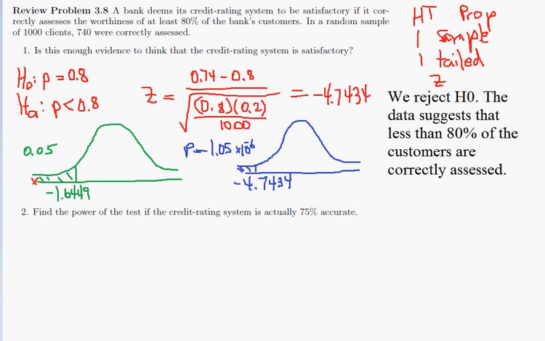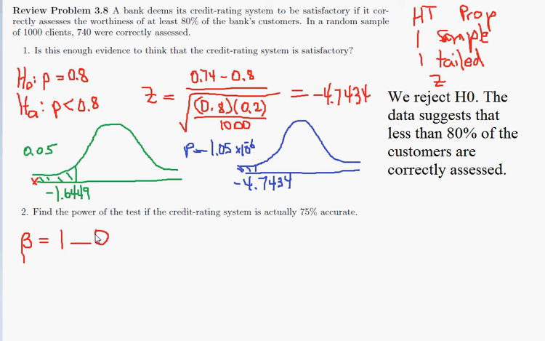For the second part of the problem, we were asked to find the power of the test if the credit rating system is actually 75% effective. So for this, we will use one of the formulas for beta that we found in the textbook and in the lecture notes. And we need to use the formula for beta that corresponds to an alternative hypothesis where I have a less than sign. And so let me just simply write that out.